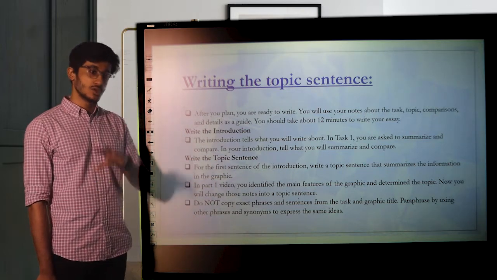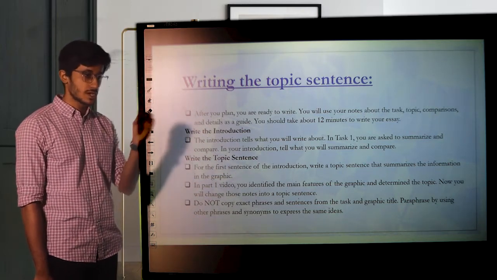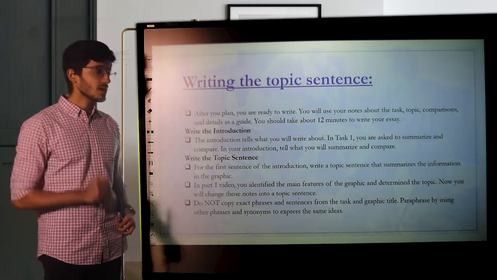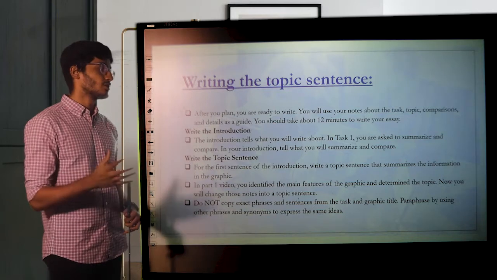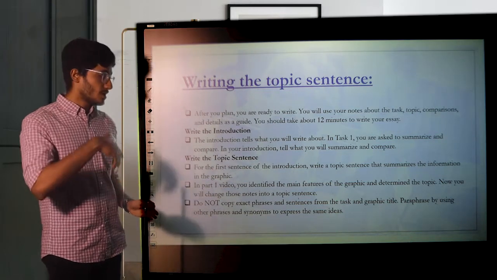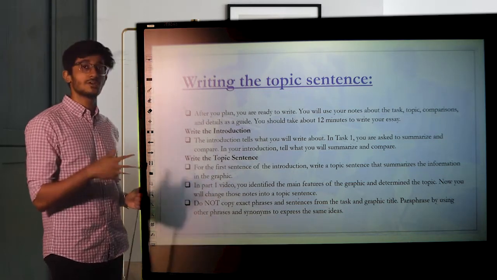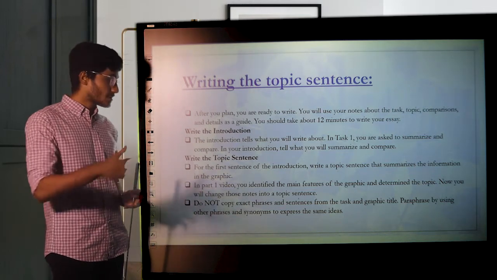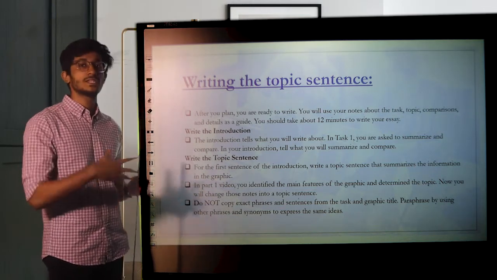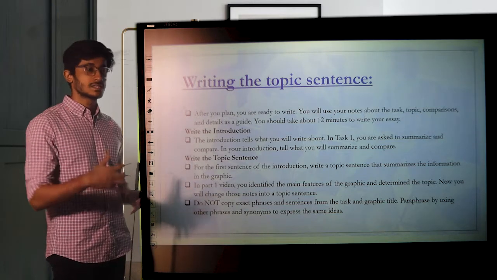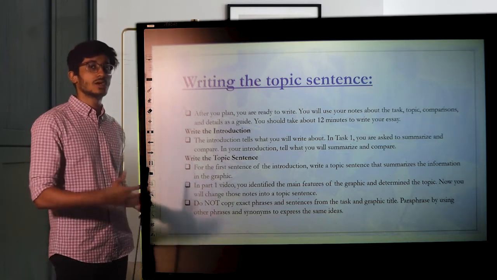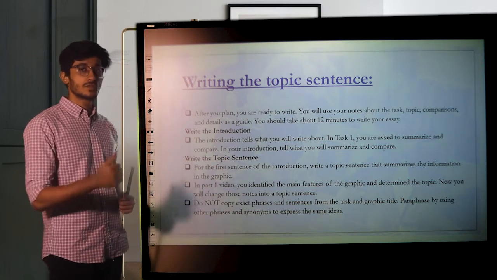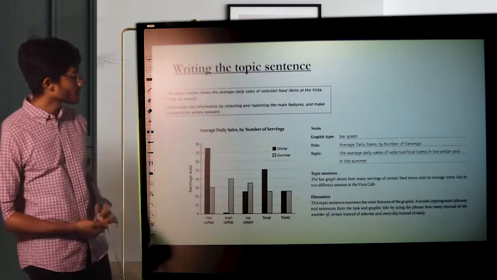You're going to turn those notes and bullet jots, however you like to scrap down your brainstorming, into proper sentences. That's how you're going to write the topic sentence. The topic sentence will summarize the whole information in the graph, and it's going to tell the examiner what you are going to write in the explanation or the comparisons for the graph.